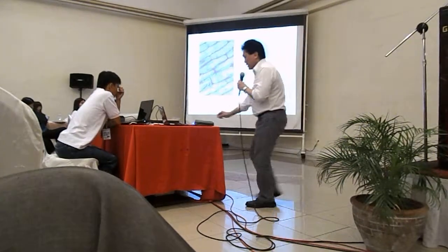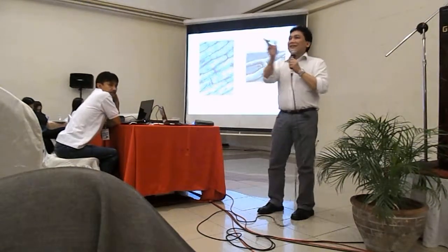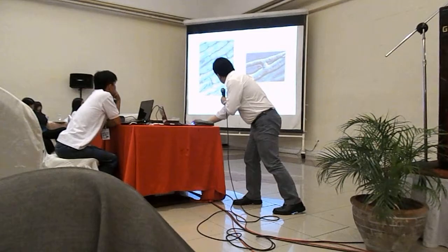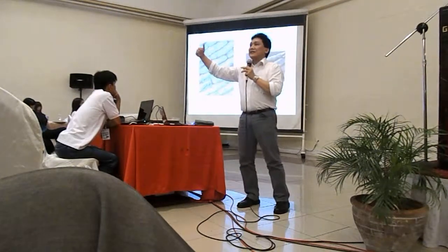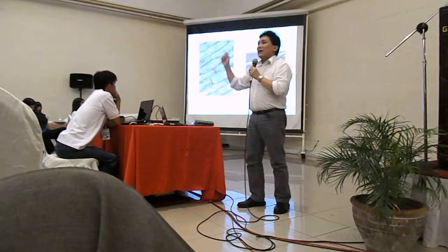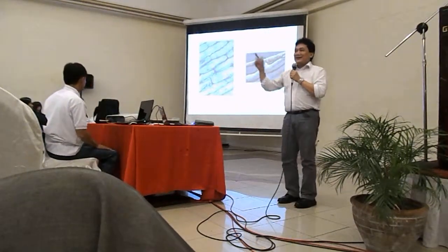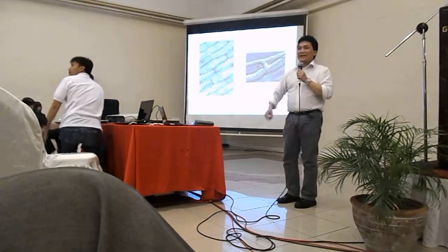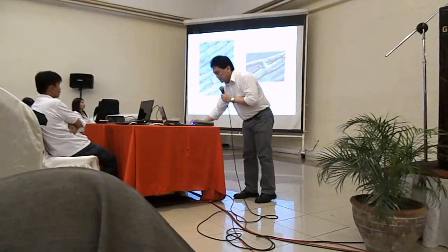Sila, ito yung nangyayari sa cells nila. Nagta-travel din. Okay? Wala ito sa textbooks ninyo, pero mga experts sa fungi, alam nila yan. I took this from a friend, a mycologist.